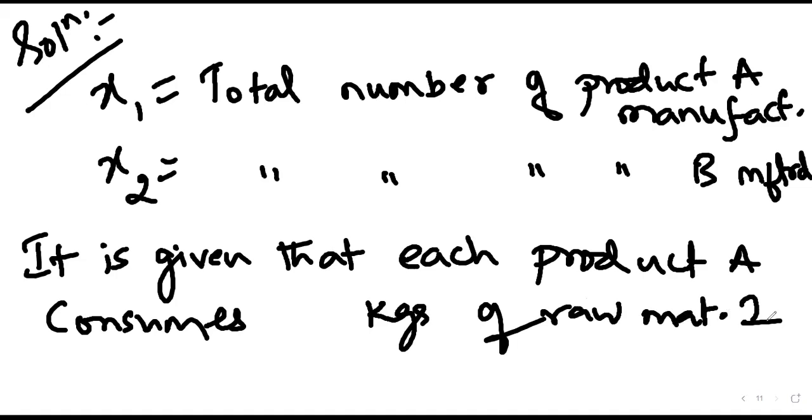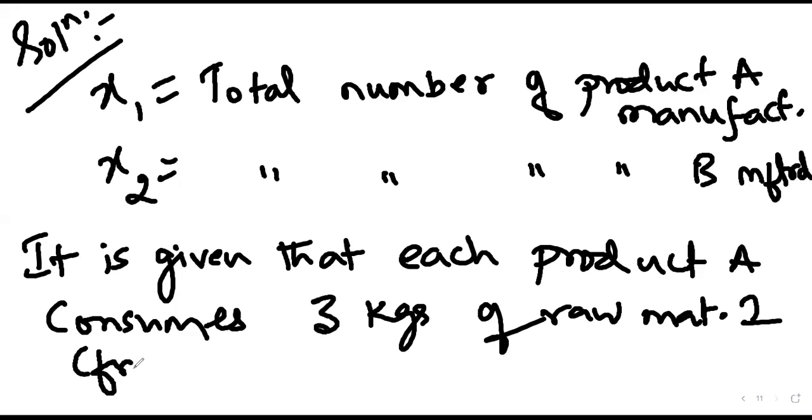So how many kgs of raw material 1 is required in order to manufacture product A? 3 kgs, that's right.